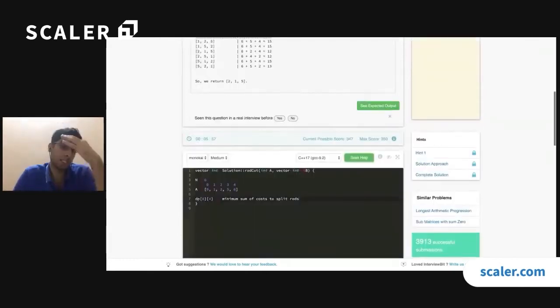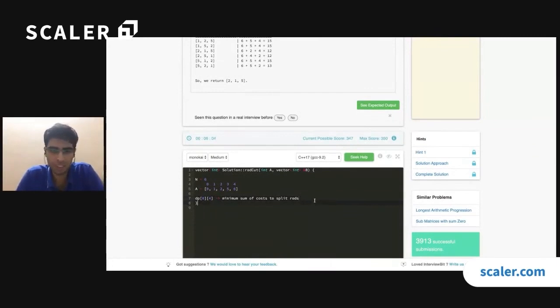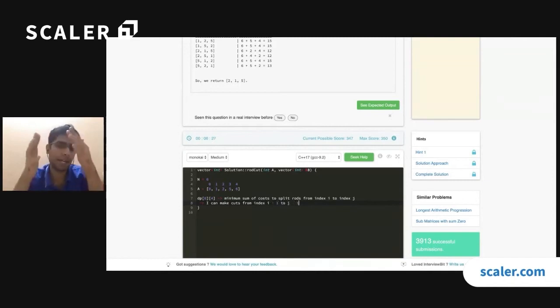So suppose that is the minimum cost, or minimum sum of cost, to split roads from index i to index j. Then that means I can make cuts from index i plus 1 to j minus 1.